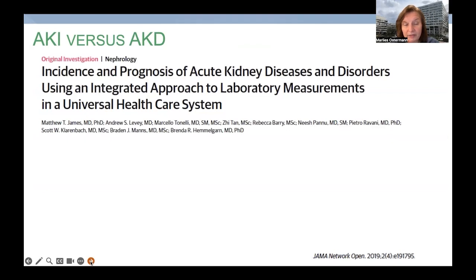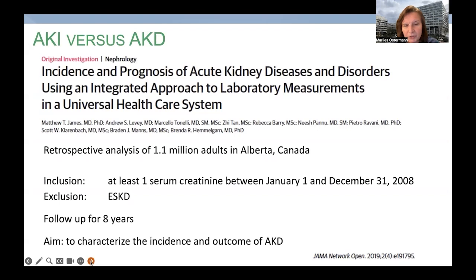Now, the fact that AKD is common has been shown in various publications. A landmark paper is by Matthew James from Canada, who looked at data of more than 1 million people in Alberta, Canada. And they analyzed all patients who had at least one creatinine result available during a 1-year period. And patients were followed up for 8 years.